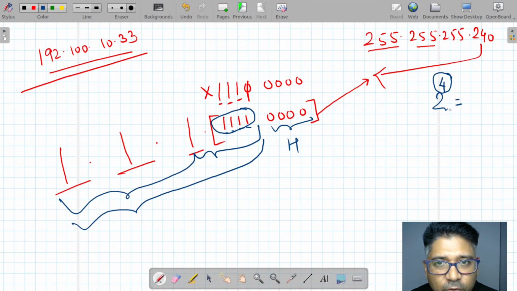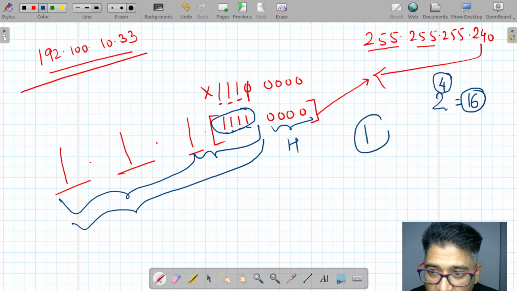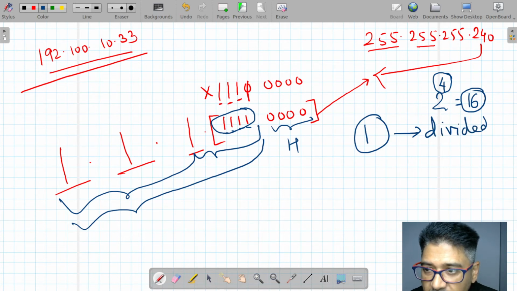What is the value of 2 to the power 4? 2, 4, 8, 16, right? That means one network is divided into how many networks? 16 networks.